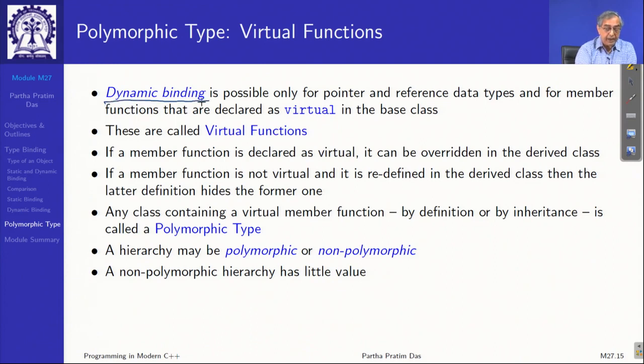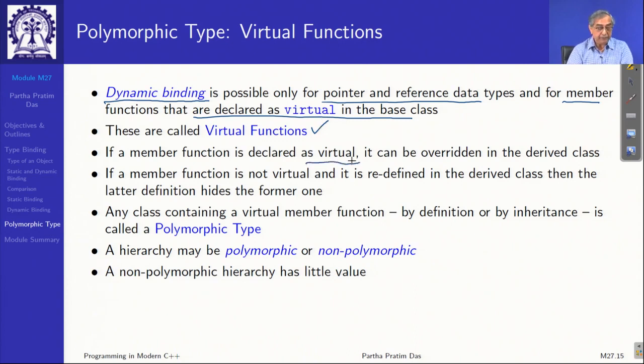So, as we have noted, dynamic binding is possible only for pointer and reference data types and for member functions that are declared as virtual in the base class. Such member functions are called virtual functions. So, it is access by pointer or reference and available for virtual functions only.